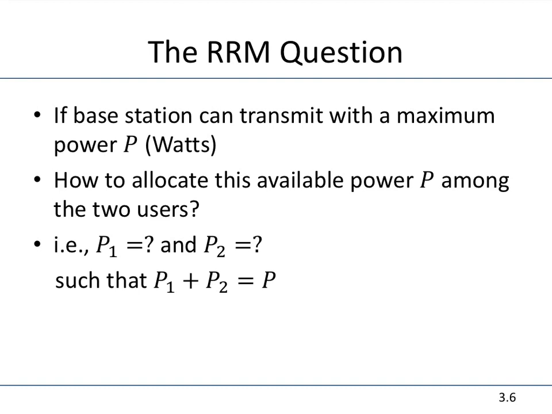And if it's proportional based on the distance, how? What is the criteria? The far user will get more power. Yeah, sure. Well, if you give more power, you have to think about what you're trying to optimize. What is your objective? Getting less signal to noise ratio?